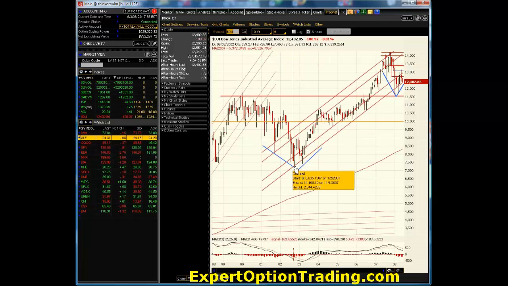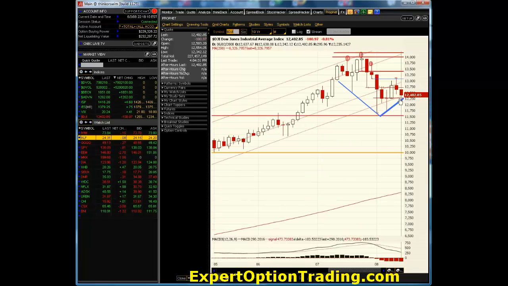I also like to see, when I form these channels, as many points that touch it at the bottom as well. So here's one point, here's another point, there's another point here, and there's a couple of points in here. And so far, prices have not broken through this lower uptrend channel line. So I'll be keeping a very close eye on that as well.